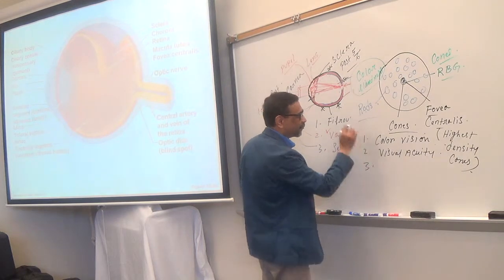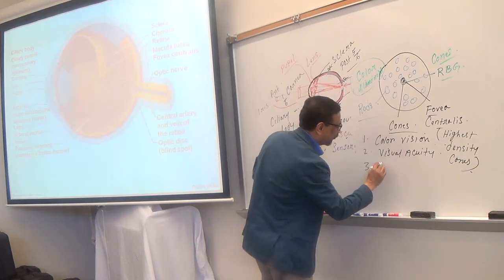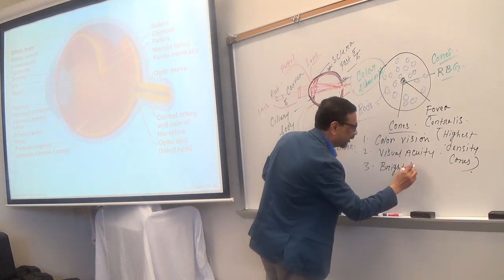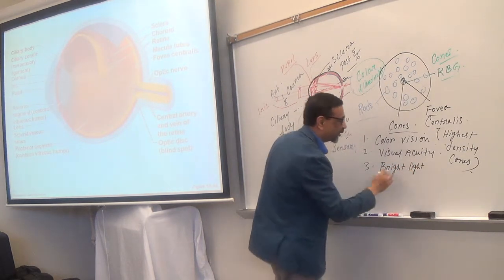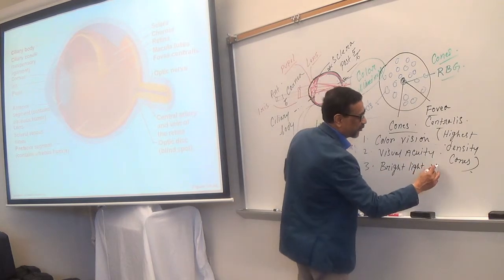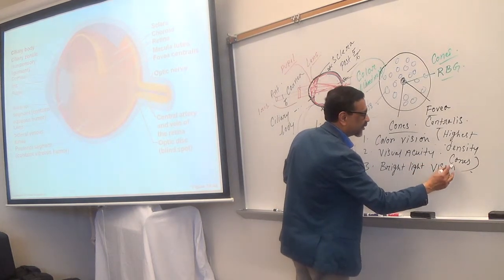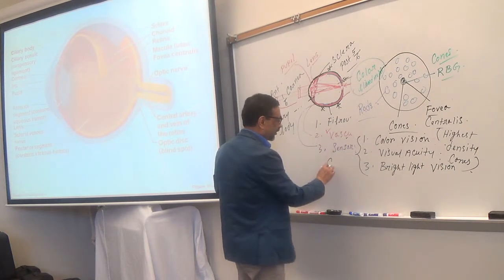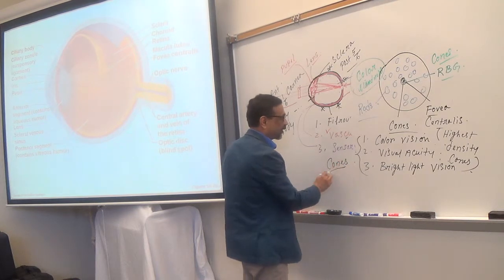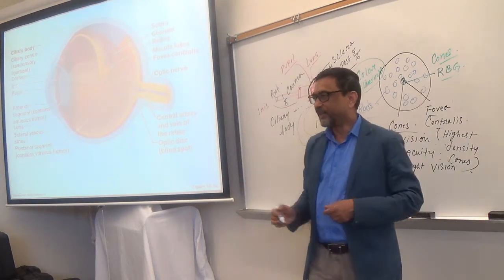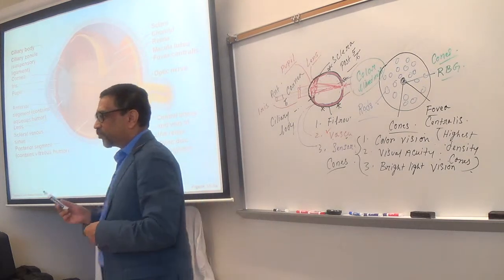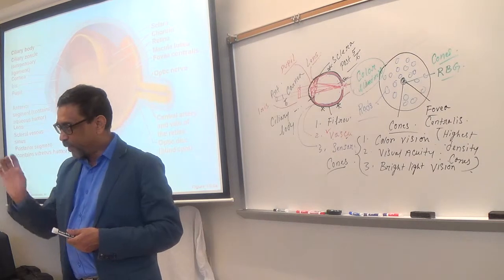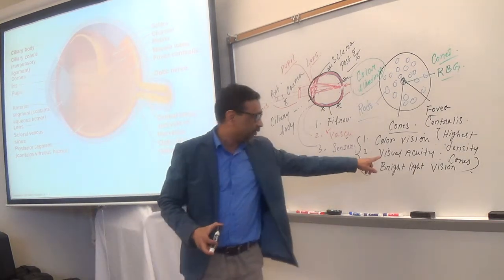And number 3, bright light or daylight. We also use the term daylight vision. So if I ask you, what are the important functions of your cones? These are the functions. Color vision, to see things in color, right? What is visual acuity? Anybody? Visual acuity. What is this?